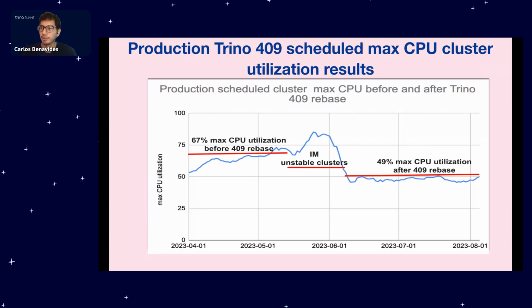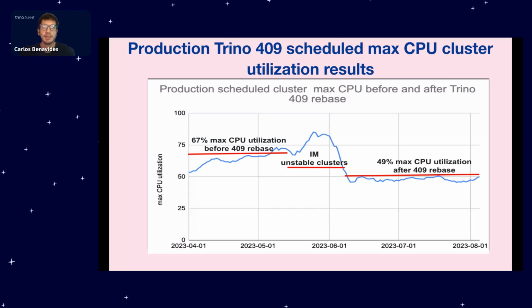Here we'll talk about the results we observed in production after the rebase. Before the rebase, our scheduled cluster was hovering around 67% max CPU utilization.